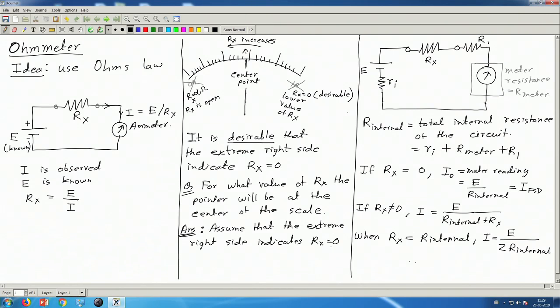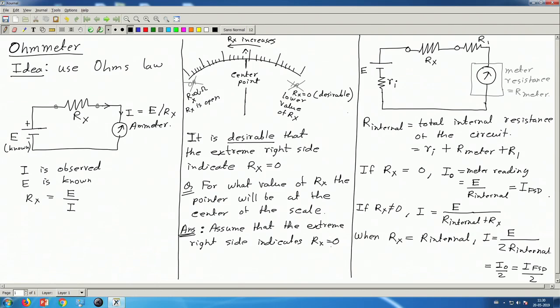Now from here, when Rx is equal to R internal, then I is equal to I0 by 2 from this equation, because I0 is E by R internal and this is E by 2 R internal. So, this is I0 by 2 and this is also the same as IFSD by 2, because IFSD is I0.